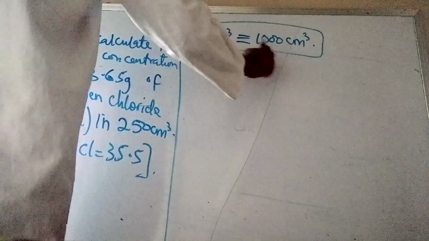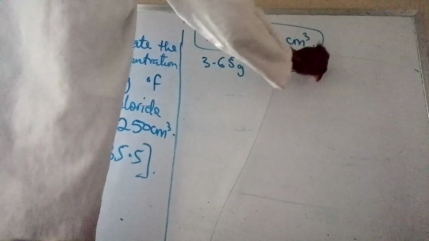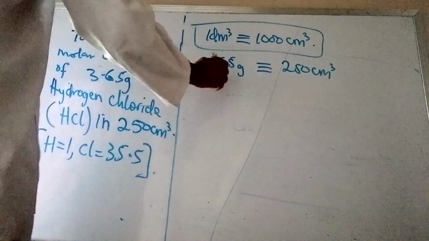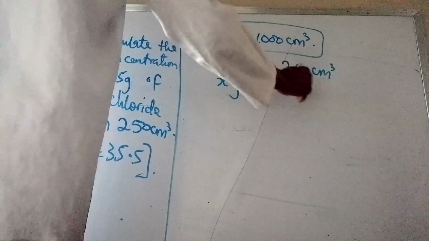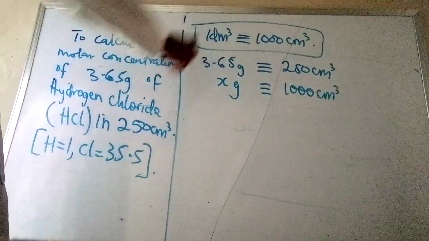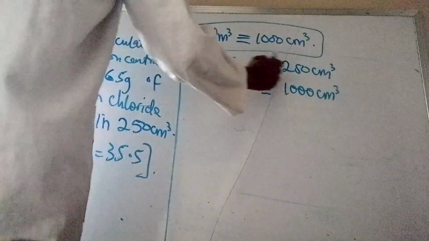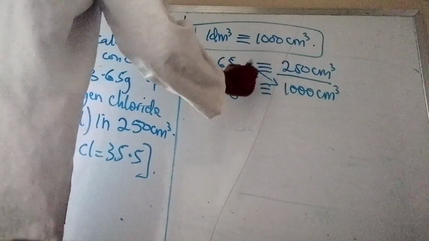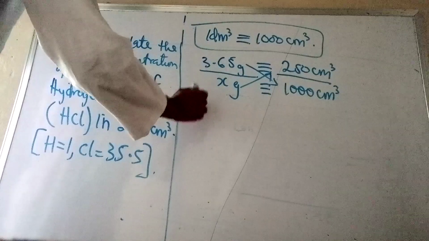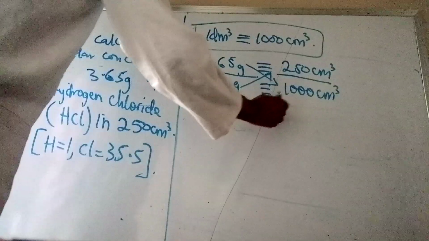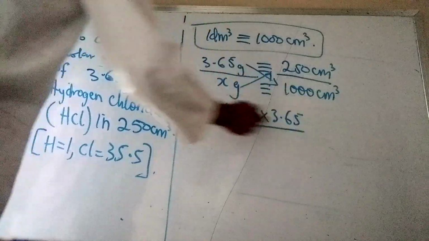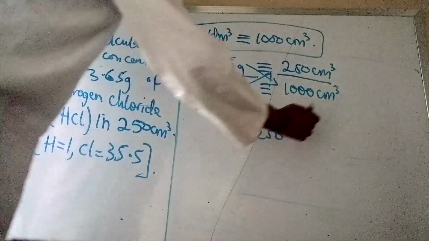3.65 grams in 250 cm cube. So let's say x grams, since we don't know, in 1000 cm cube, because 1000 cm cube represents 1 dm cube. By the time you cross multiply, your x will be 1000 times 3.65, all divided by 250.